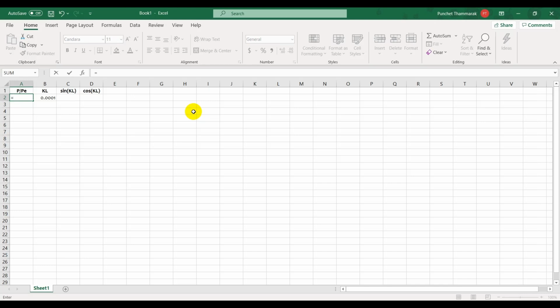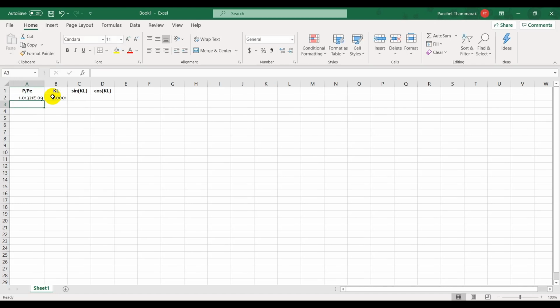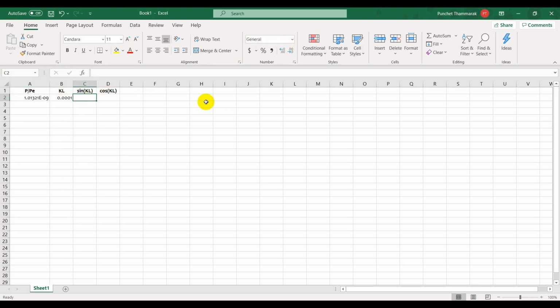Pi KL over pi, and then you square this up. Okay, keep it this way. So this is equal to sine of this, and this is equal to cosine of this.